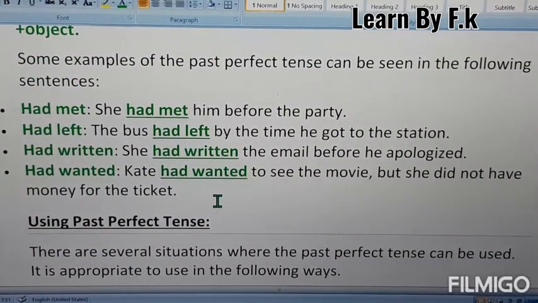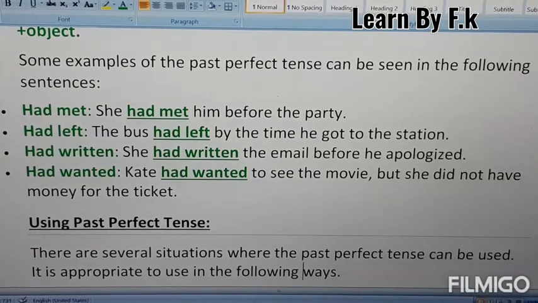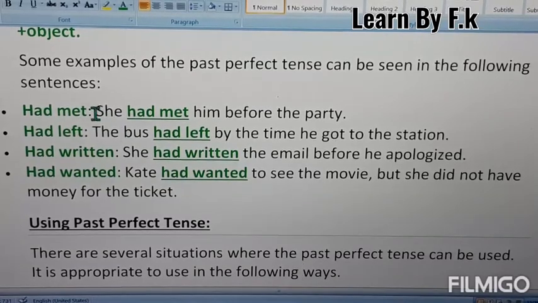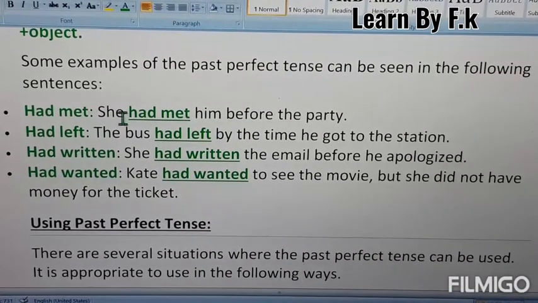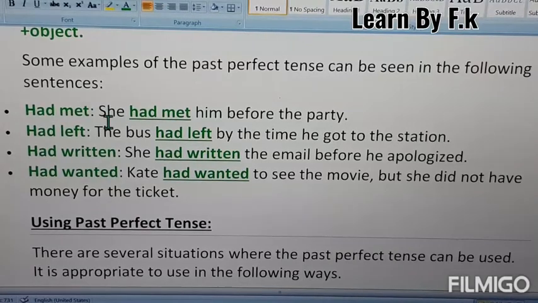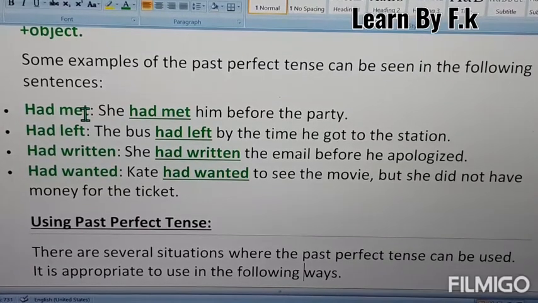Had met. Here the had is a past form of have and met is the third form, the past participle form or passive participle form of the verb, which is met, and the first form of the verb is meet here.